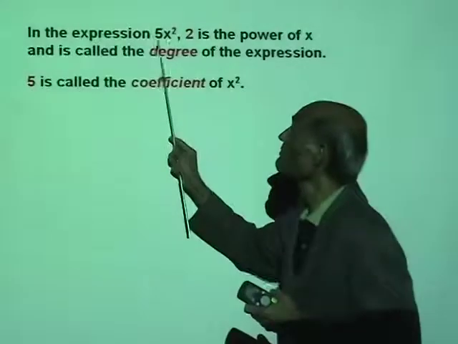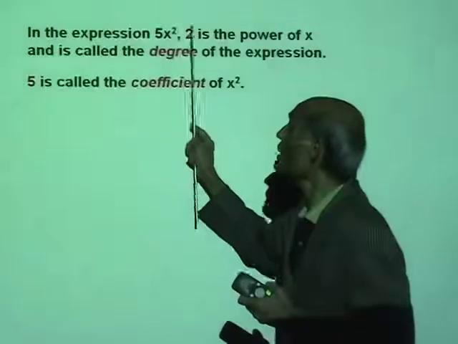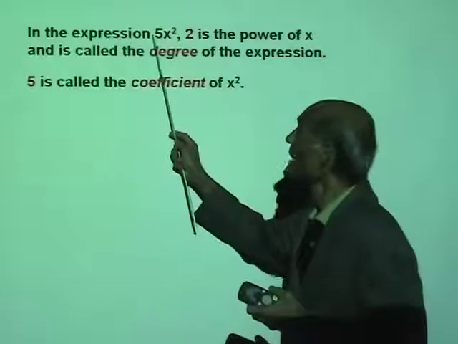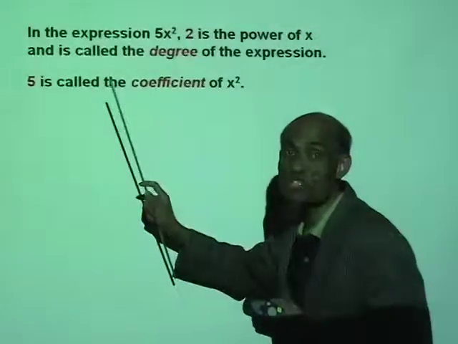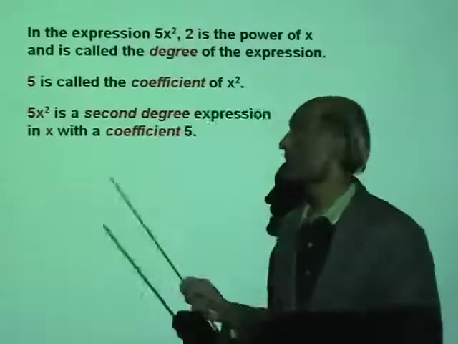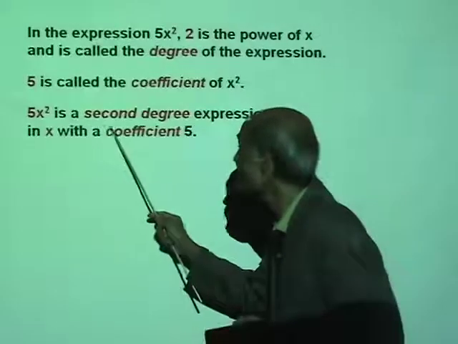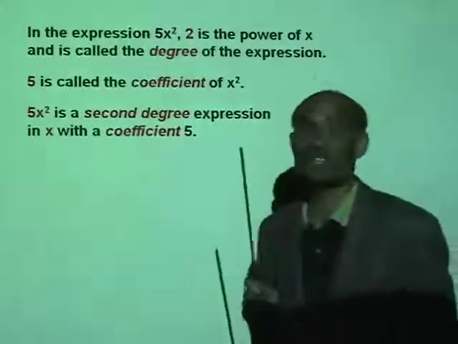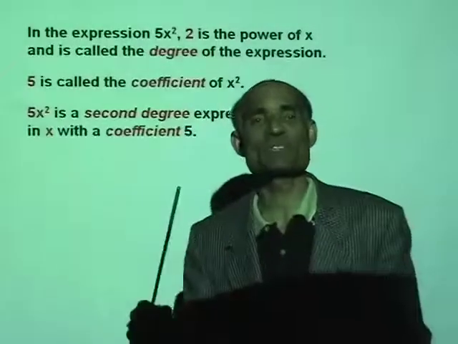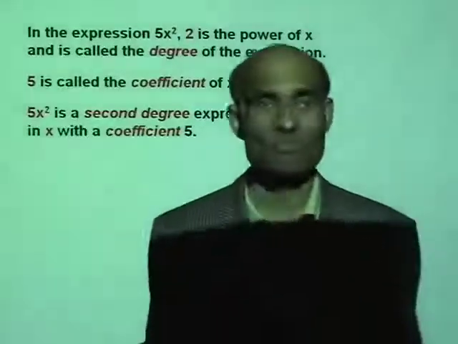In the expression 5x squared, the power 2 is called the degree of the expression, and the number 5 is called the coefficient of x squared. Now, 5x squared is therefore called a second degree expression, and the coefficient is 5.